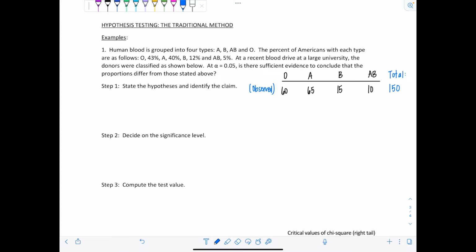Okay, so state the hypotheses and identify the claim. Basically, the null is what we are assuming the distribution of blood types is, given this information.